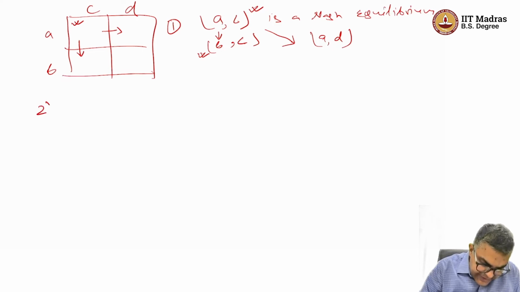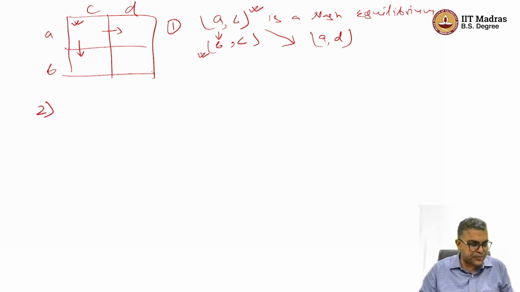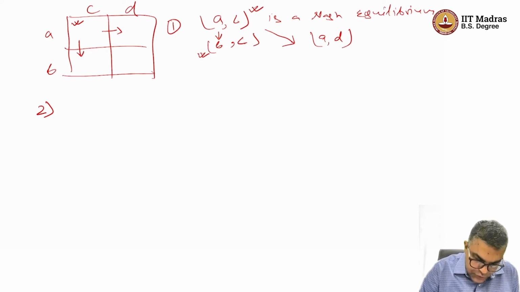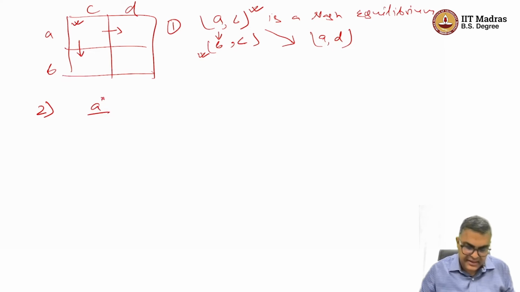The second is to take the best response route. When we say A star is the Nash equilibrium, each player should be playing their best response given what other players are doing. So what is the idea?